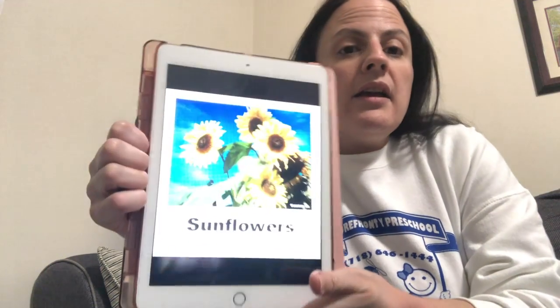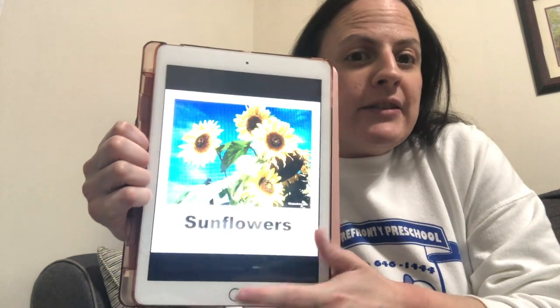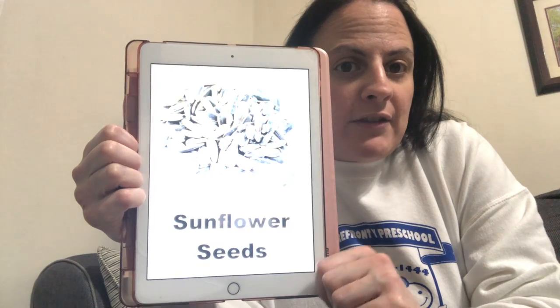We also learned that we could use plants. We could use plants to eat, for clothing, for medicine, for homes, for breathing in fresh air. Do you remember that? You see, sunflowers can give us sunflower seeds to eat.